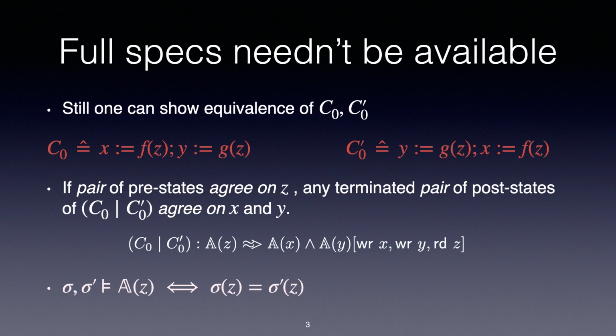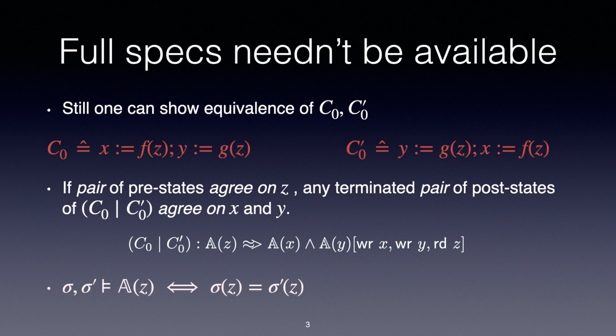So we can say that if the pair of pre-states agree on Z, any terminated pair of post-states of the pair C0, C0 dash agree on X and Y. And this is how we write it. For the pair C0, C0 dash, agreement on Z in the pre-state gives agreement of X and agreement of Y in the post state, together with the frame condition that X and Y may be written and Z may be read.